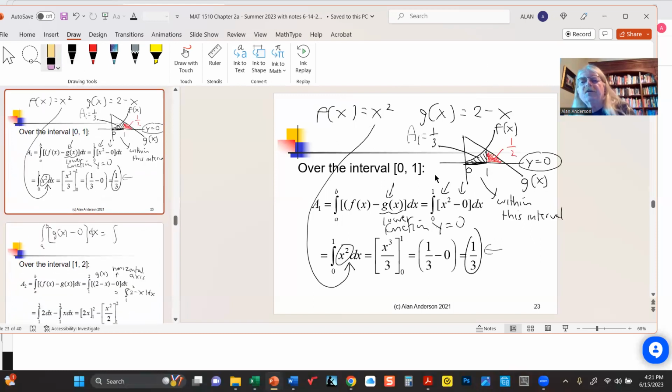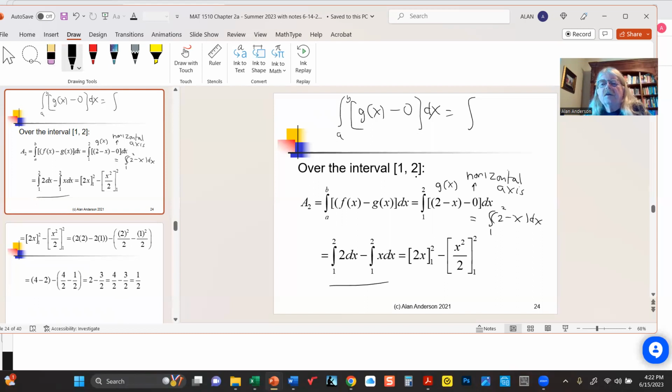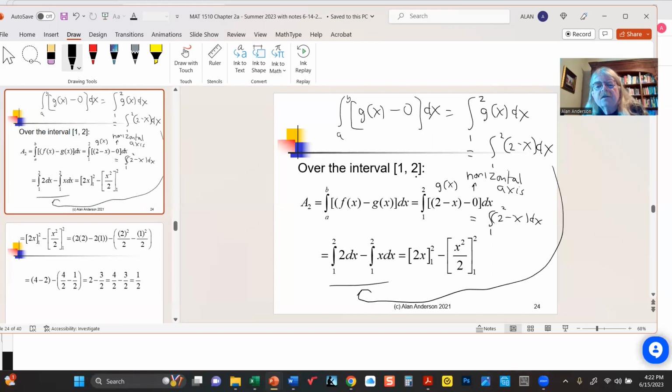This is the area from 1 to 2, only from 1 to 2. All right, so what we're actually going to wind up with here is the integral of 2 minus x dx, and then you come down here. We'll break that up into 2 pieces, 2 dx minus x dx, and then we evaluate.